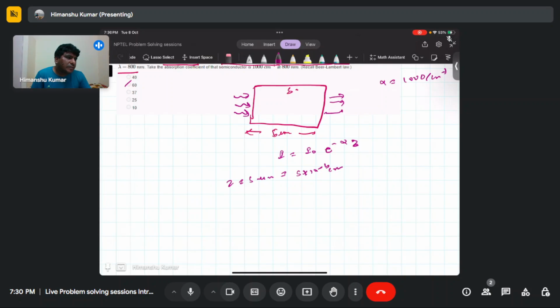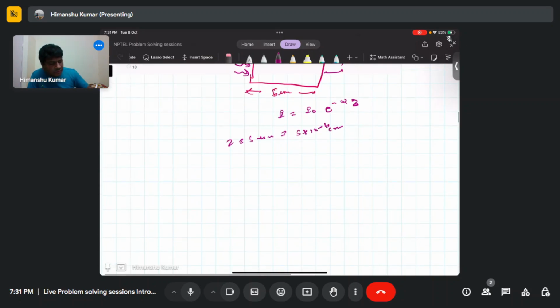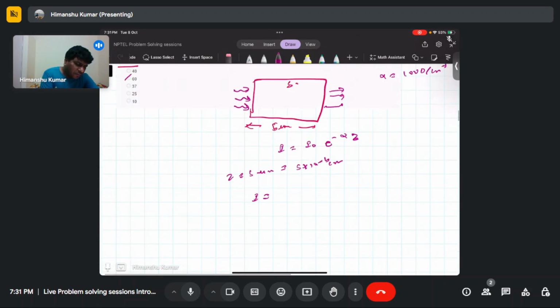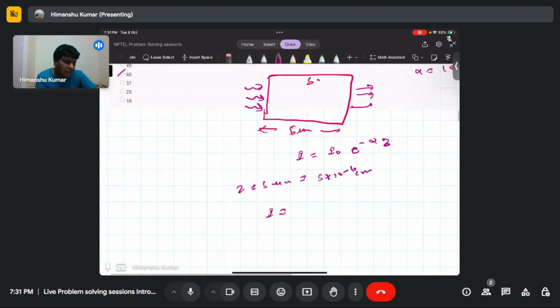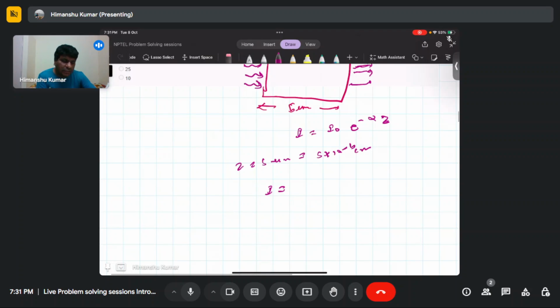So the total number of photons which get absorbed in this, the total number of photons at the end, the intensity at the end of this slab, will be this.